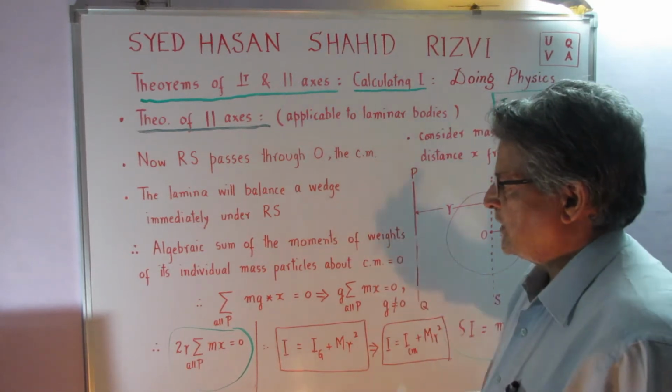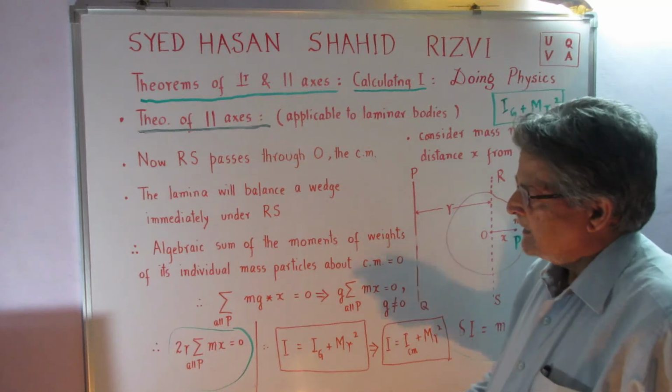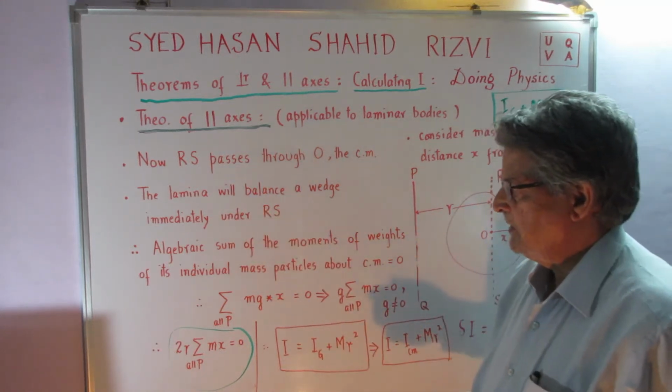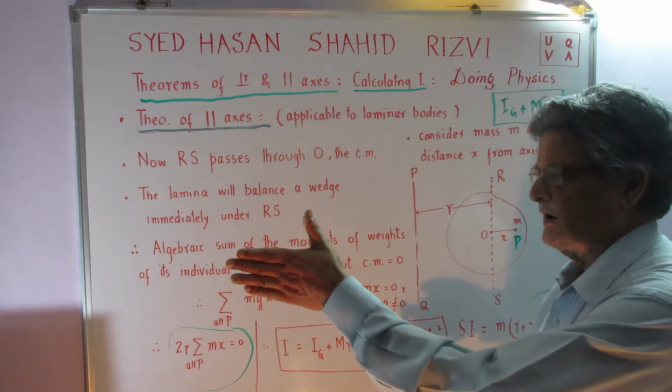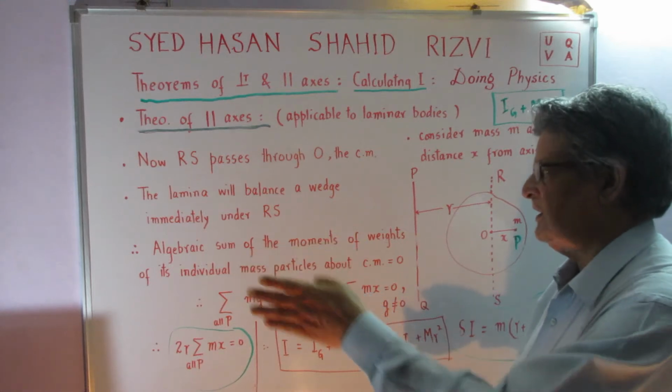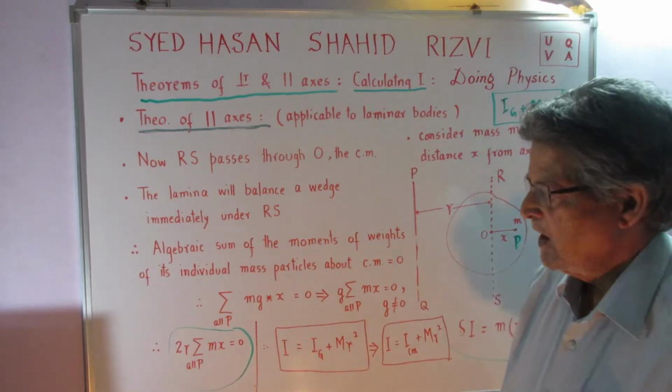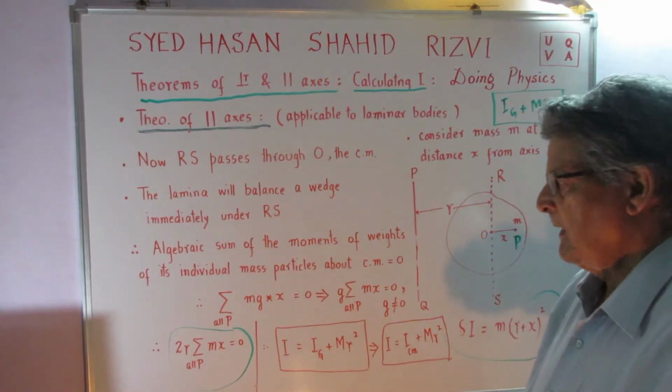It passes through the center of mass. The lamina will balance on a wedge immediately under RS.